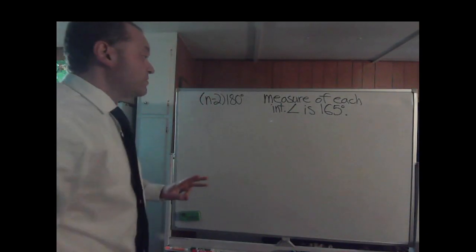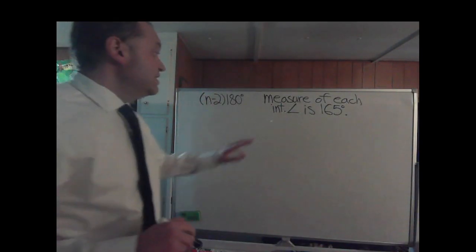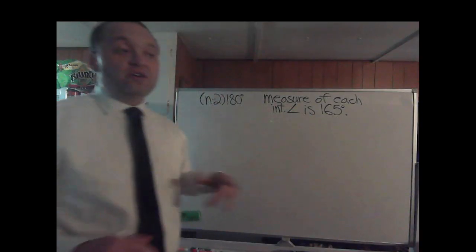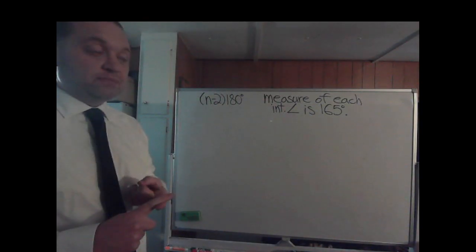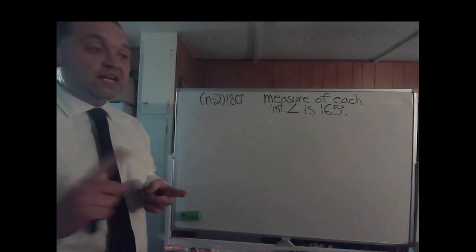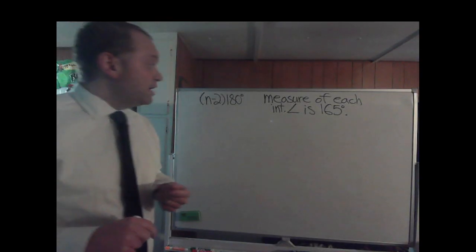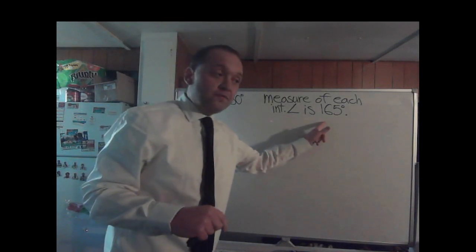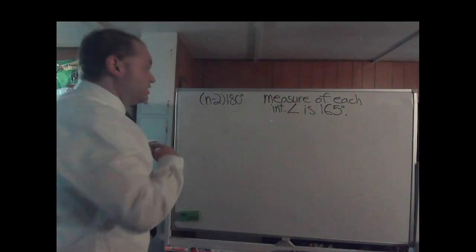So, when you're only given the interior angle, you still have to figure out A, how many sides does this polygon have, because we don't know yet. B, what is the measure of each exterior angle? Well, it's actually pretty easy to go first for each exterior angle.